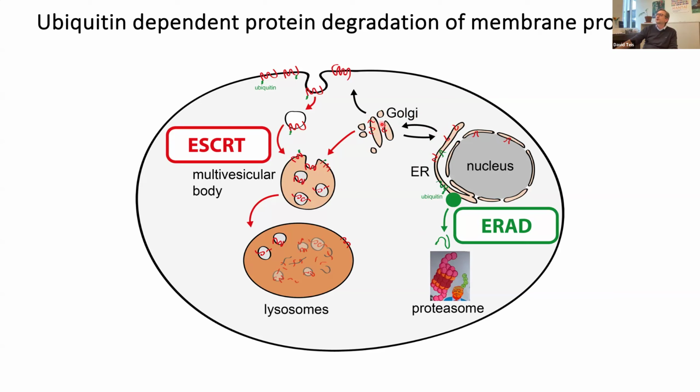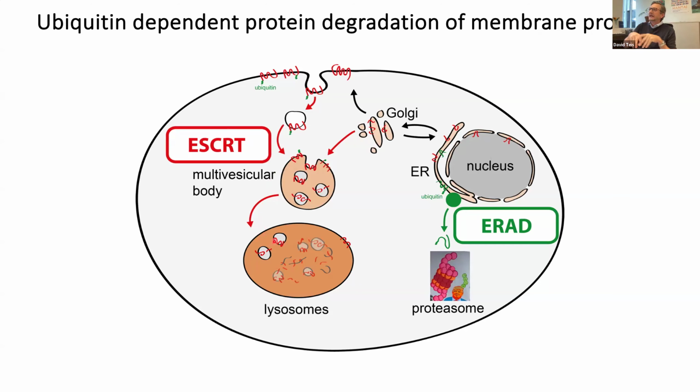But for a long time, it was thought that the major or the only degradation pathway for ubiquitinated membrane proteins was the endosomal sorting complexes required for transport, which recognize ubiquitinated membrane proteins on endosomes and then catalyze a negative membrane curvature to generate intraluminal vesicles and thereby drive the biogenesis of multivesicular bodies, which, once they fuse with lysosomes, deliver these intraluminal vesicles that carry the membrane proteins, and therefore these membrane proteins can be efficiently degraded in lysosomes.